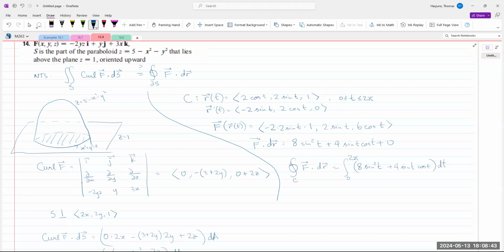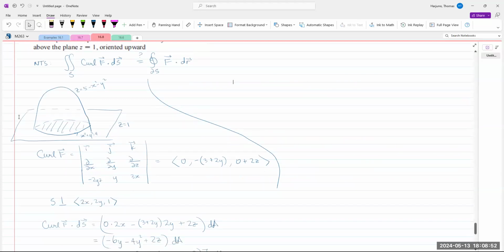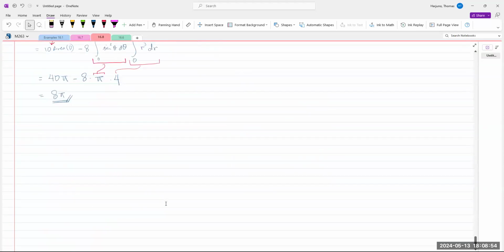You know what? This may take too much space. Let me do it underneath, here.